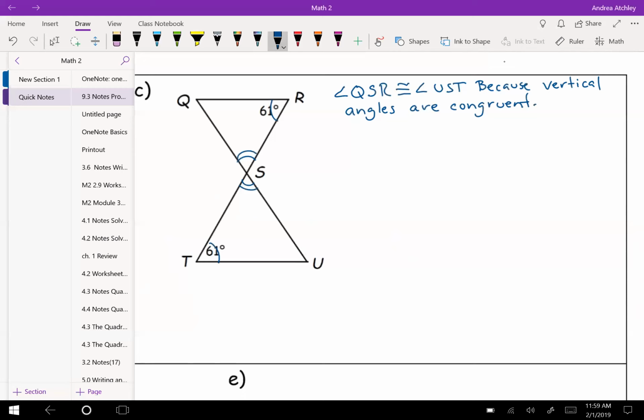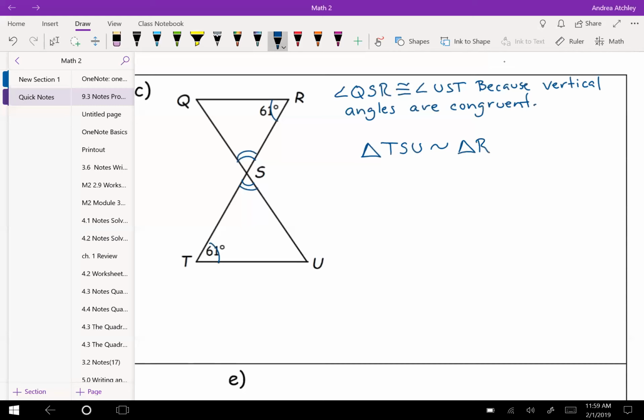Okay, so now I can prove my triangles are congruent. So triangle, Lizette, name one of the triangles for me. TSU is similar to triangle. Okay, what goes with T? Class, what goes with T? R, right? They're both 61.